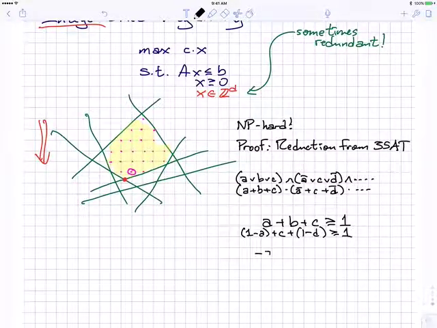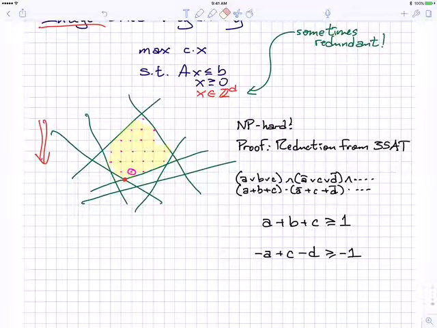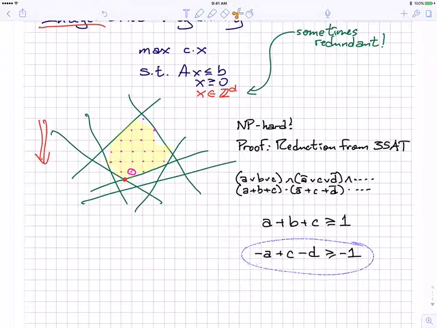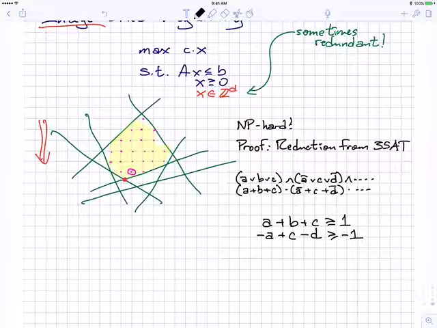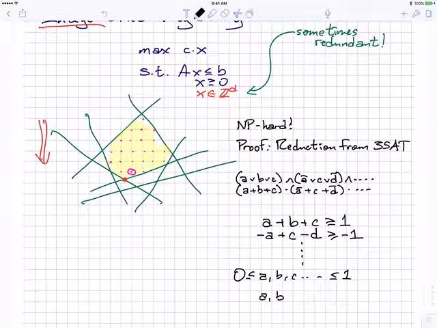Or if I really want to be nice, I could do some math. Okay. And so what I'm asking then is, for each clause, I get a linear inequality. And then at the bottom, I'm going to say A, B, C, etc. are all less than or equal to 1 and greater than or equal to 0, and they're all integers.